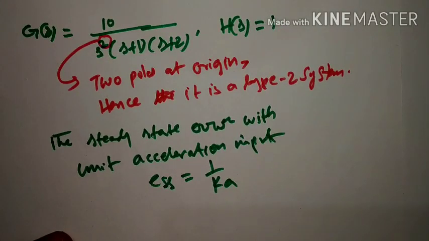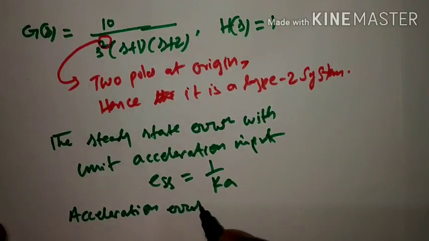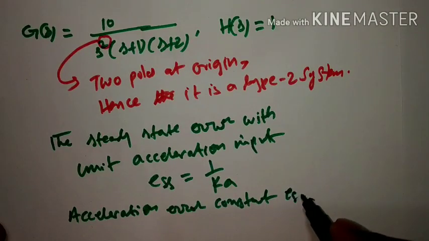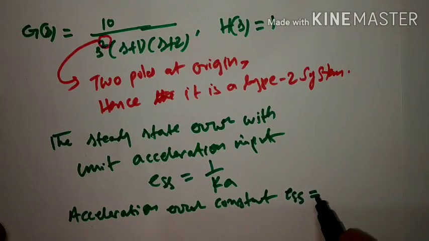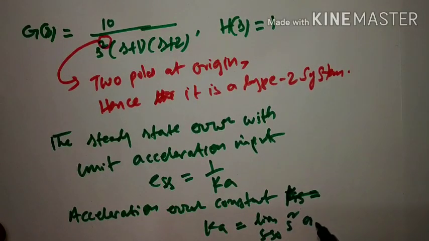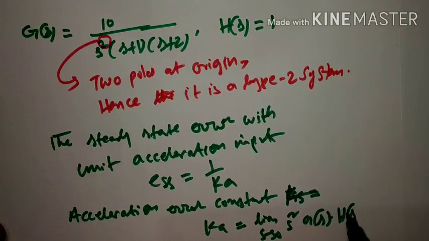Then what is the acceleration error constant? You know that the acceleration error constant KA is equal to limit s tends to 0 of s square G(s) into H(s).